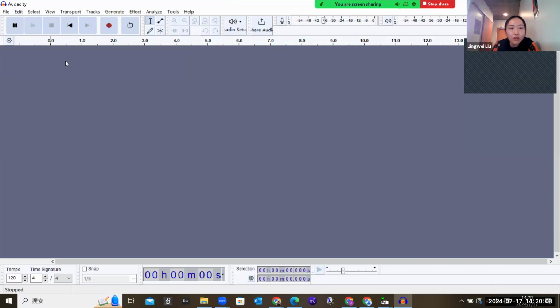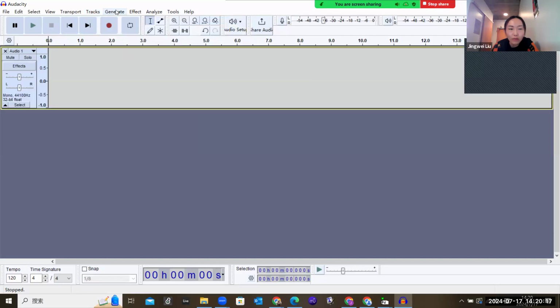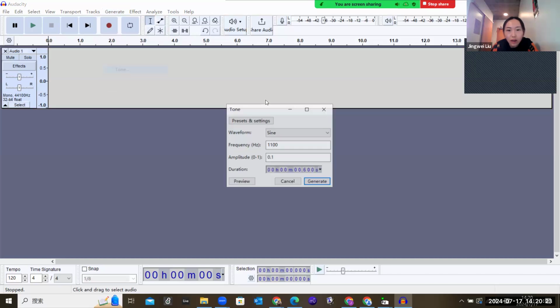Okay, so how do you generate a sine tune? Just go to generate. For first, maybe you just add a track. A mono track will be enough for a sine tune, and generate a tune. So it's tune and sine. Here are different waveforms we are going to cover later on, but for now we're just generating a pure sine tune.